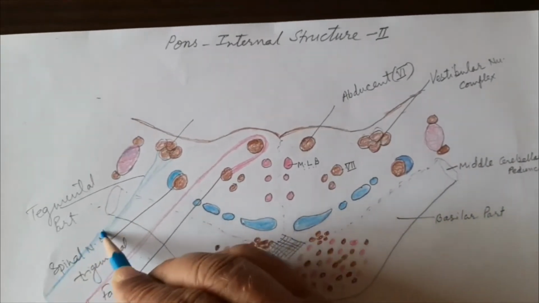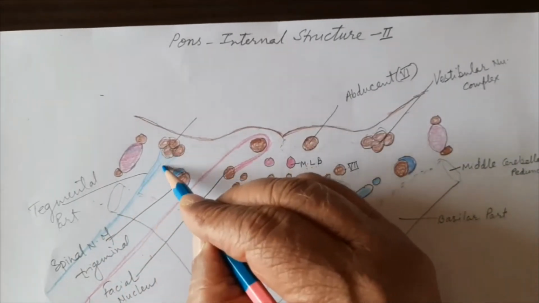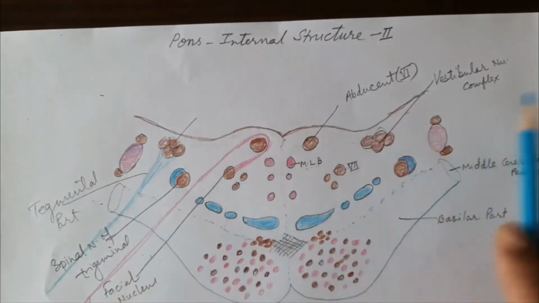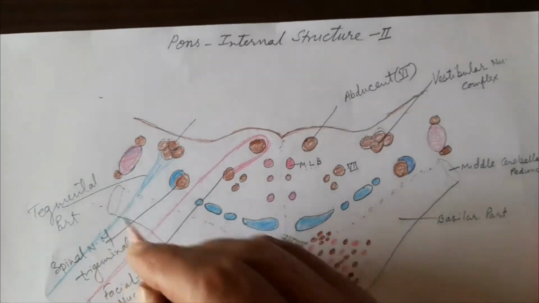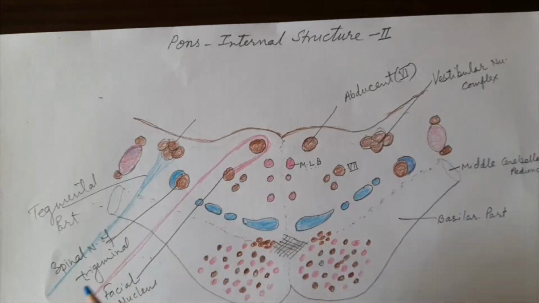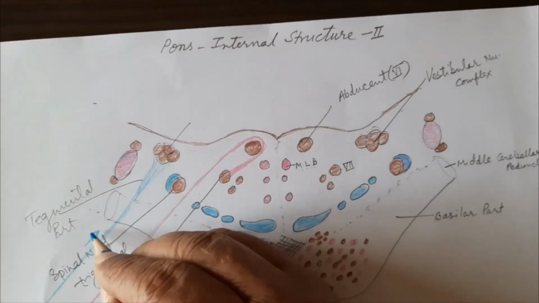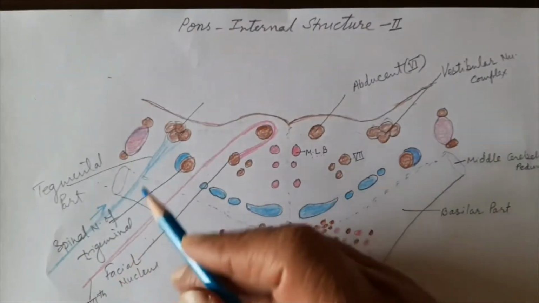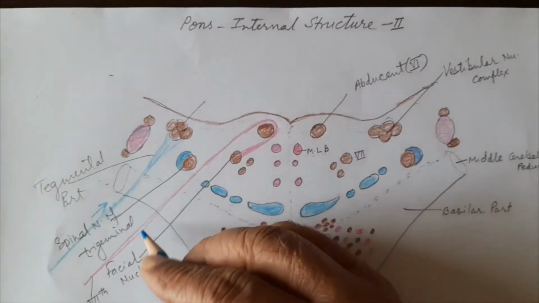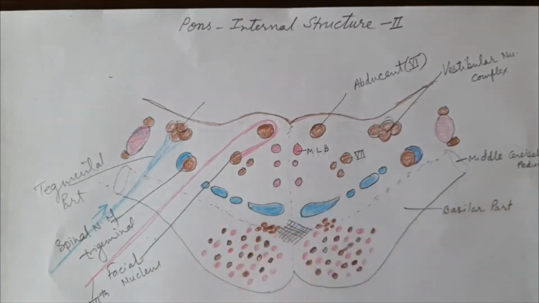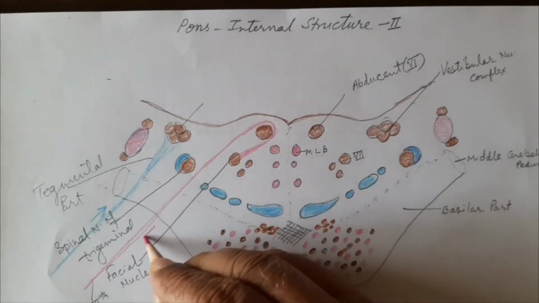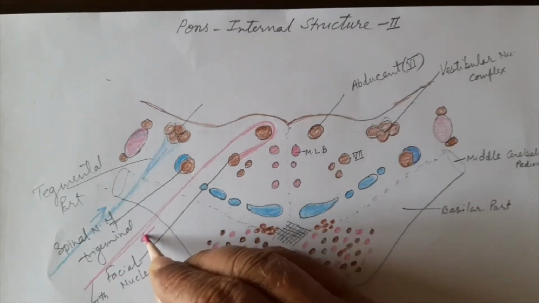This blue color I have represented is relaying into the vestibular nerve. I will just put an arrow that it is sensory and fibers are going from the vestibulocochlear apparatus. Now these are the motor fibers of the facial nerve which is coming out.